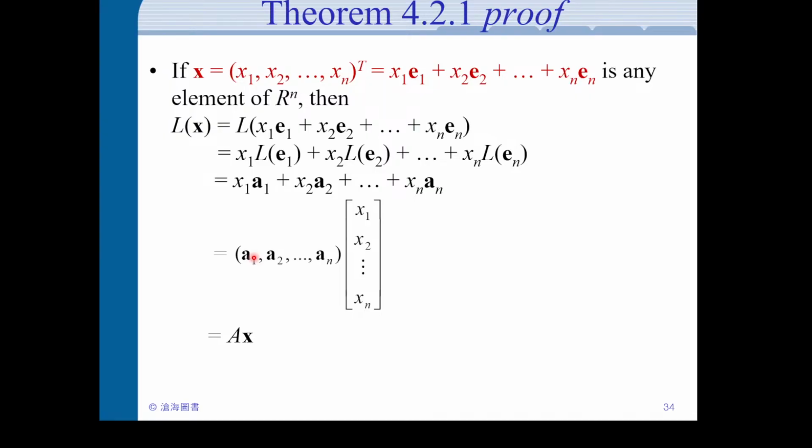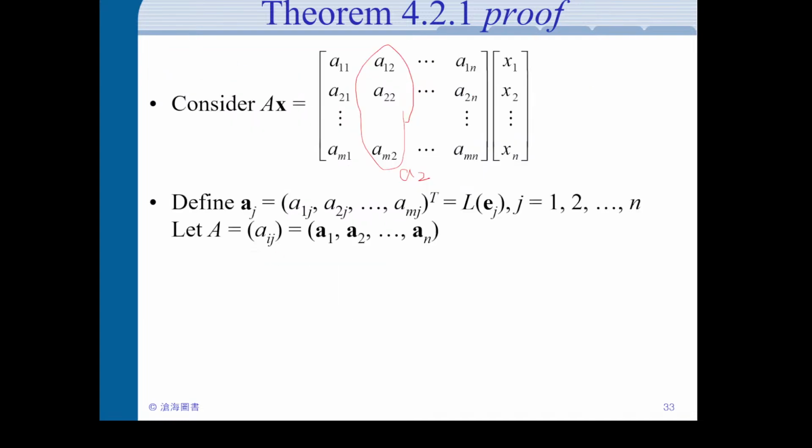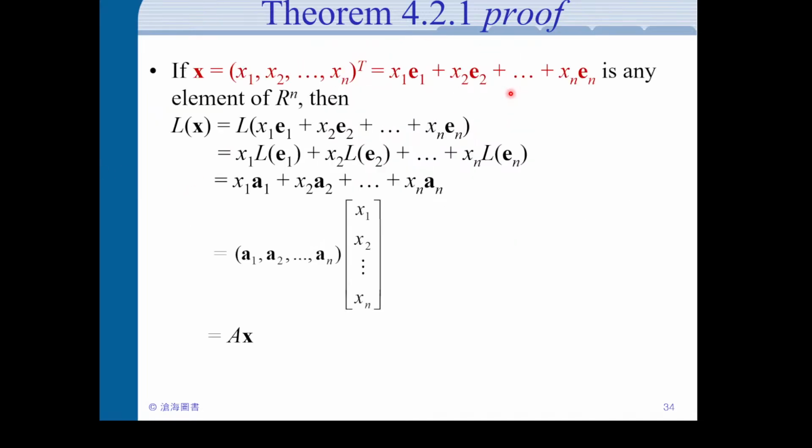Anyway, let's see this work out, and this is really just seeing matrix multiplication as a linear combination of column vectors, as we saw multiple times. So x can be written as a linear combination of those standard basis elements: x equals x1 e1 plus x2 e2 all the way to xn en.